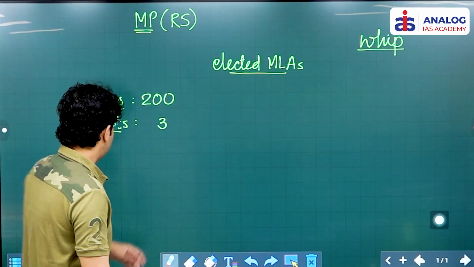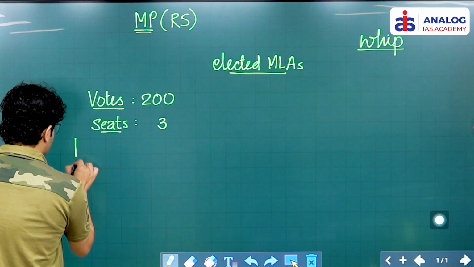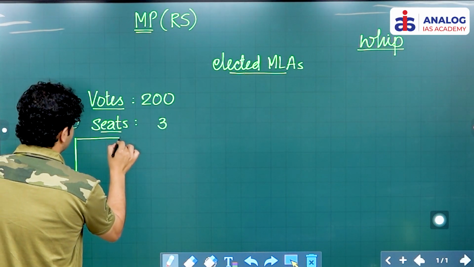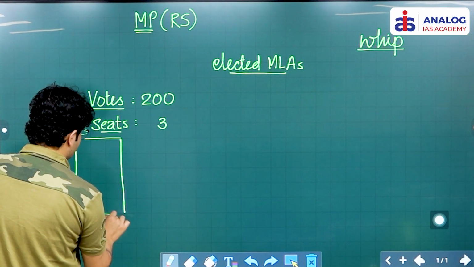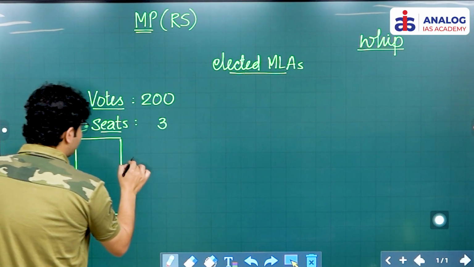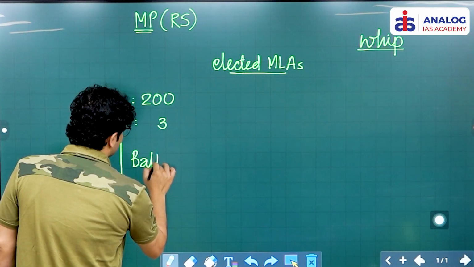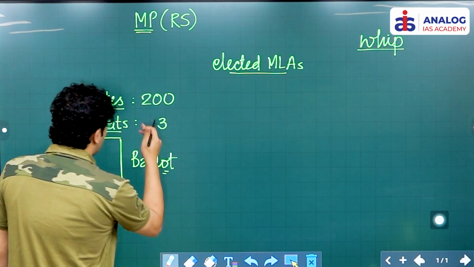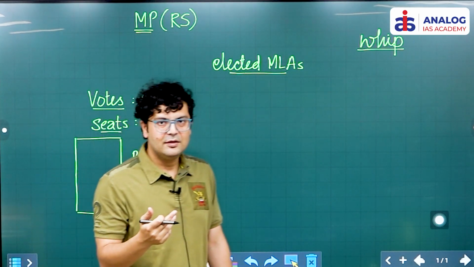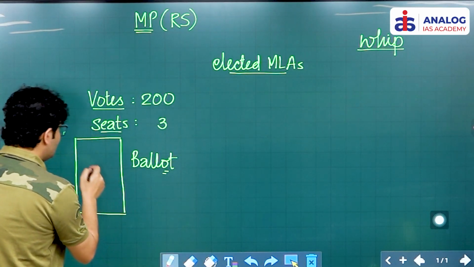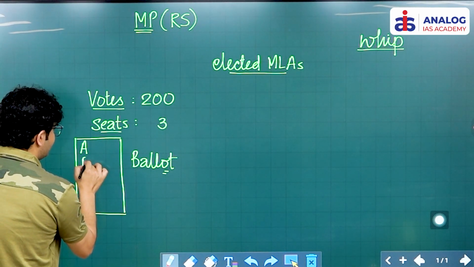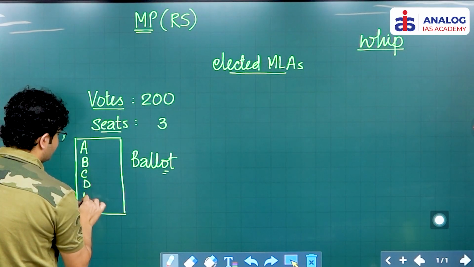Now in that state, there is a possibility that you might have multiple candidates contesting elections. So the ballot paper given to all our MLAs looks somewhat like this, where you have the names of all the candidates contesting these elections.